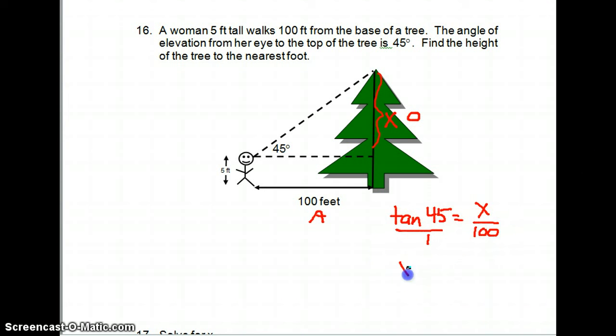Cross multiply, x equals 100 tan 45, and check that in the calculator. 100 tan 45 is 100. So x equals 100. So that goes up here. So this is 100. But we want the height of the tree. We're going to have to add this 5 that's right here to it. So the height of the tree is 105 feet.